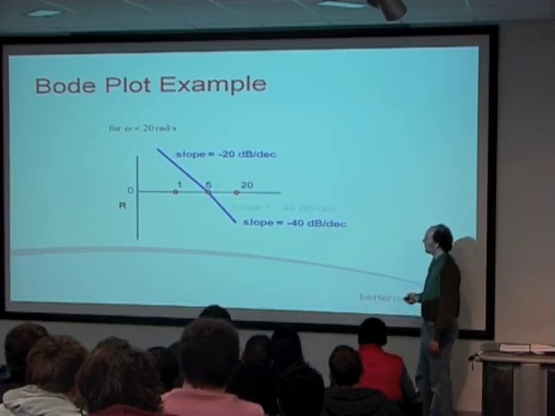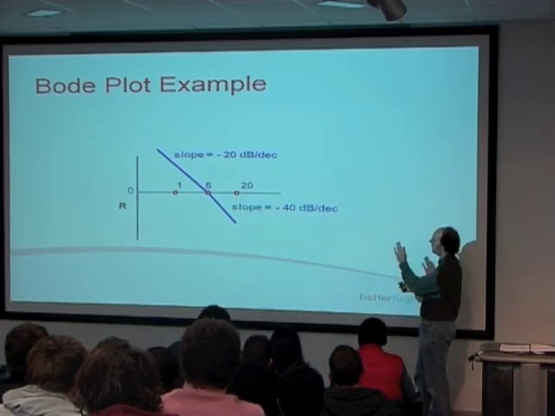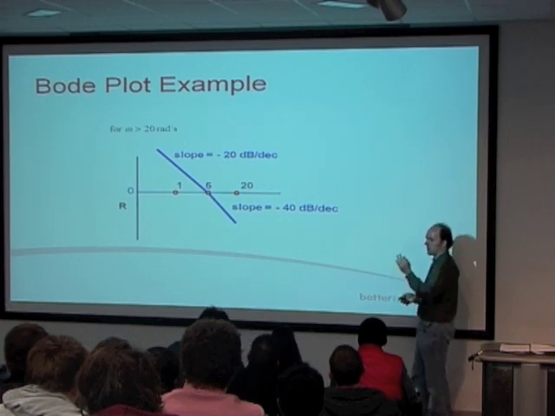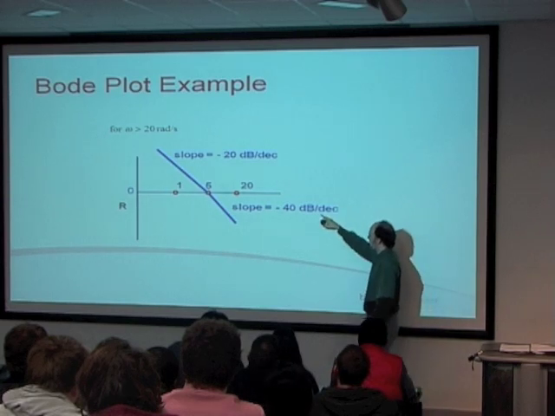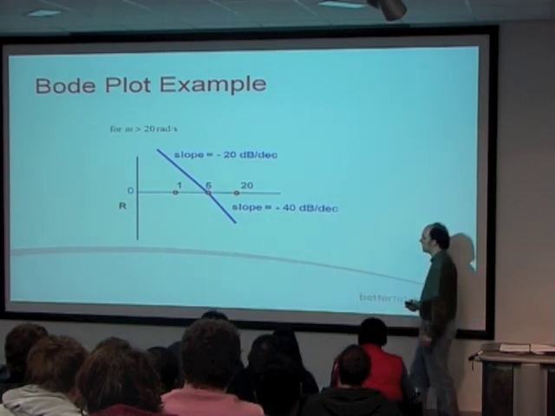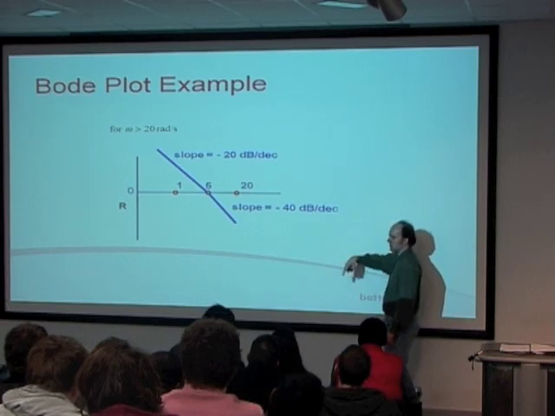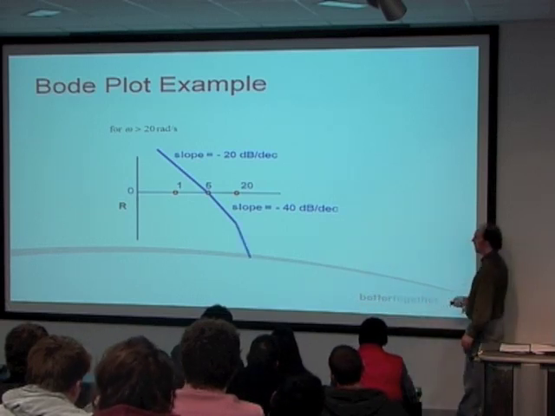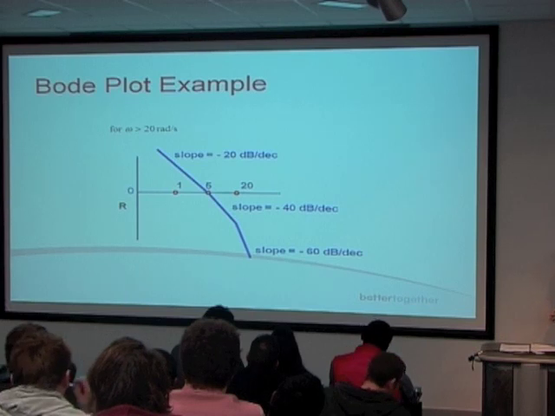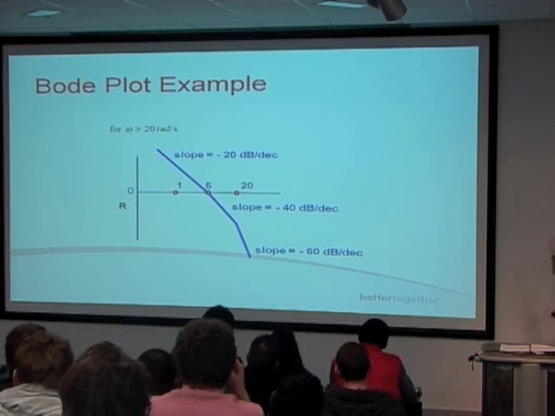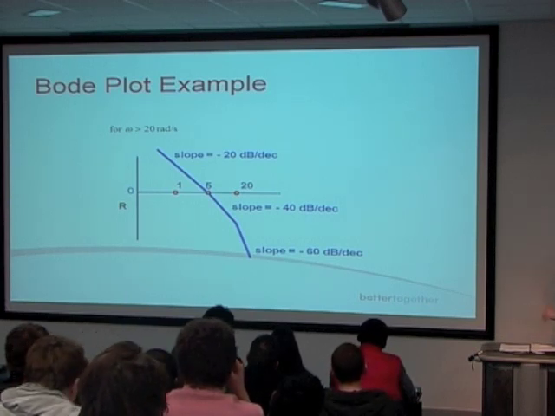Above 20 radians per second, we've got R4 coming into action. And that's another minus 20 dB per decade, because again, it's another first-order lag. Well, minus 40 plus minus 20 would be minus 60. And so we end up with that shape, minus 60 dB per decade. So there's the amplitude ratio. We'll come back to that in a second.